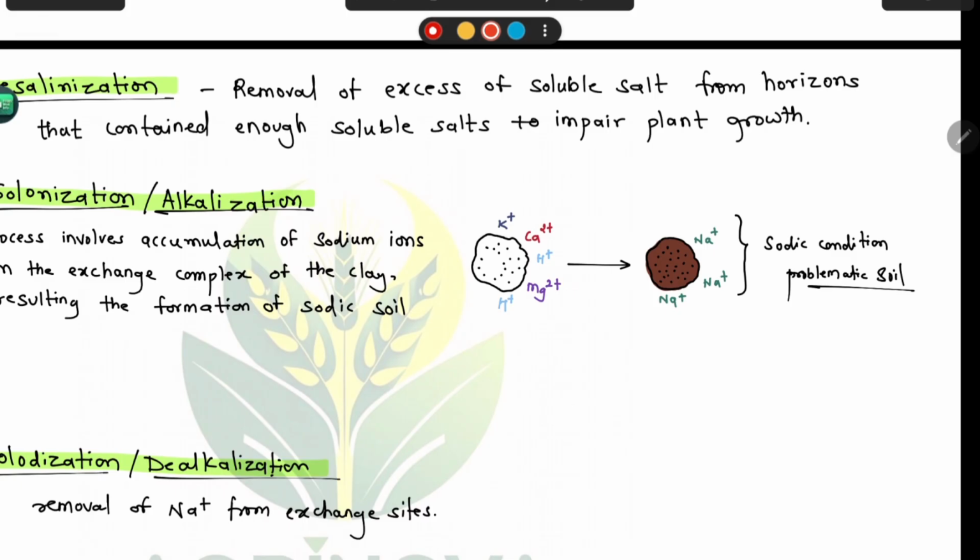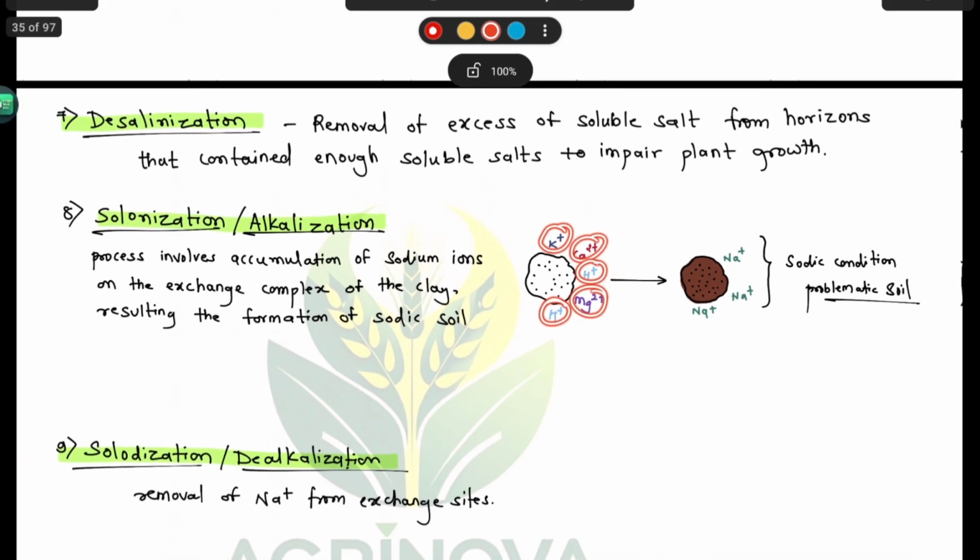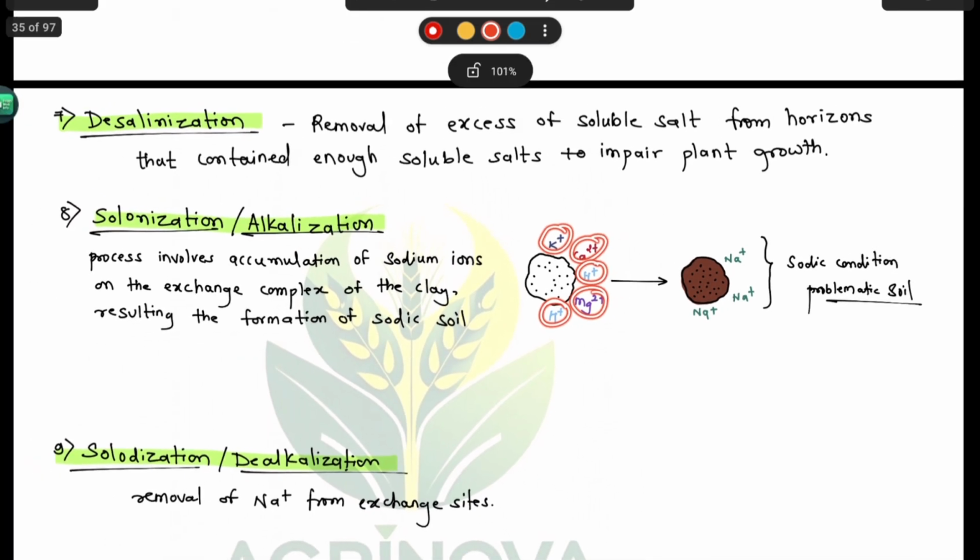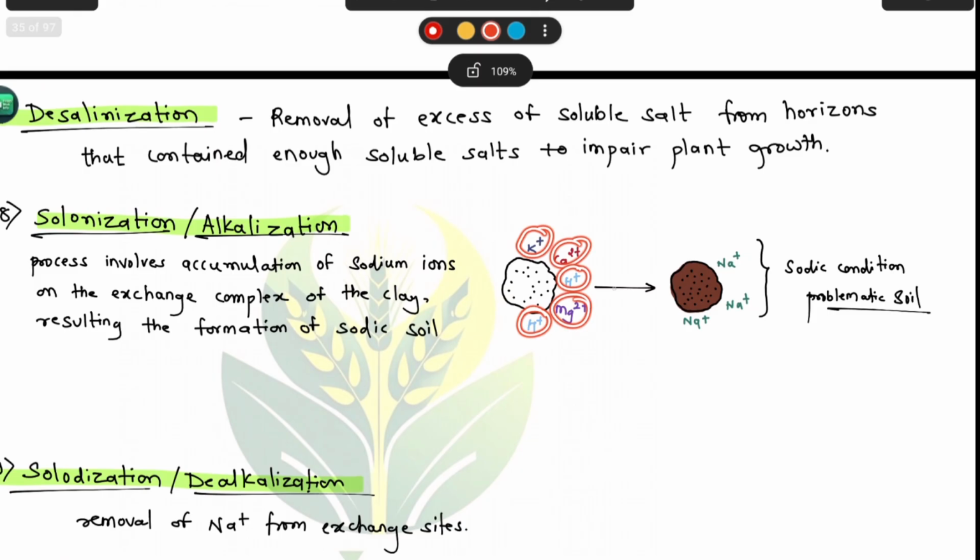Here on the clay complex there are exchangeable sites which can be occupied by hydrogen, potassium, or any other ions.